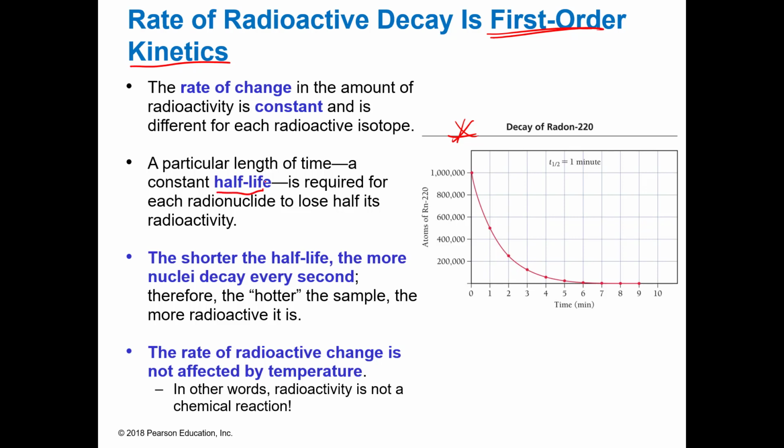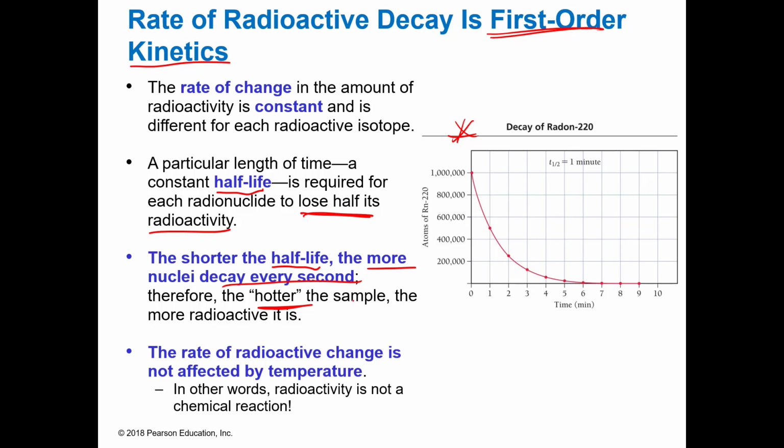The half-life is the amount of time it takes for each radionuclide to lose half its radioactivity. Each half-life, it has lost half of its radioactivity. The shorter the half-life, the more decay per second, so it's a hotter sample. If it has a short half-life, that means it's very radioactive.